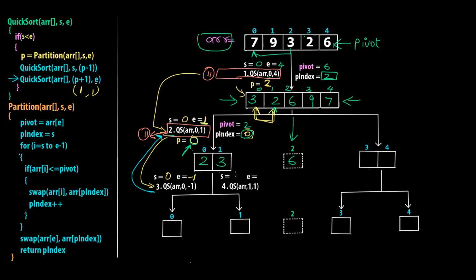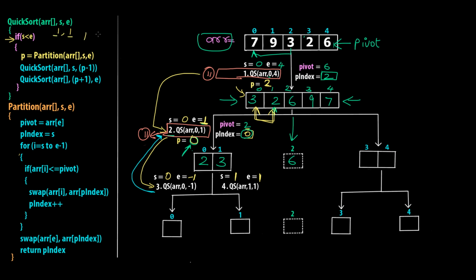In the fourth call, as I mentioned, the start index is 1. That is p plus 1. P is 0 over here. So 0 plus 1 becomes 1. E is also 1. So we are saying QuickSort of ARR 1, 1. So a new QuickSort is called. Let's see what this QuickSort will be. So S is 1, E is 1 in the condition if S less than E. Is 1 less than 1?